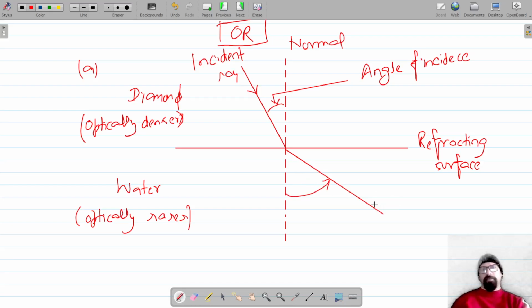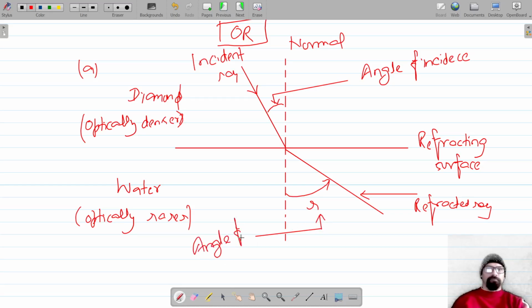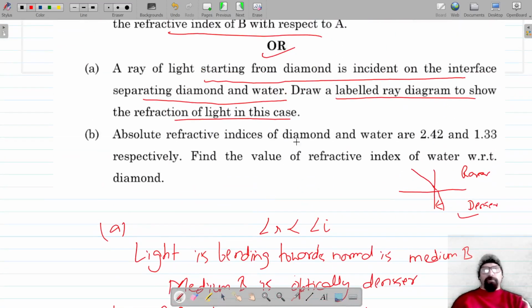This is the refracted ray, and this is the angle of refraction. Okay, so this is how the ray diagram for refraction of light in this case looks.